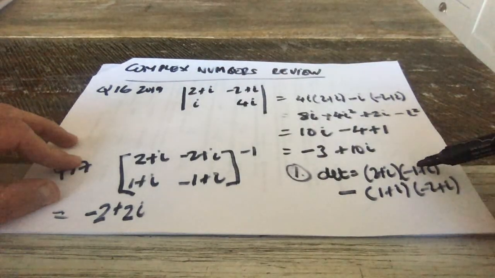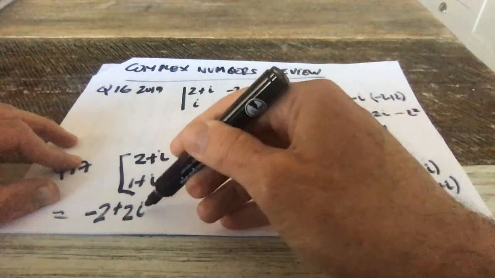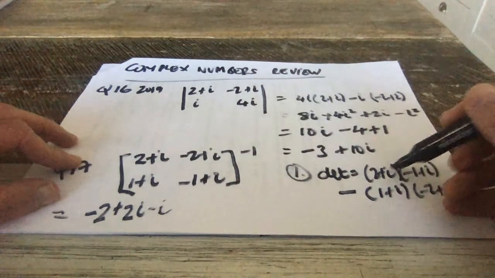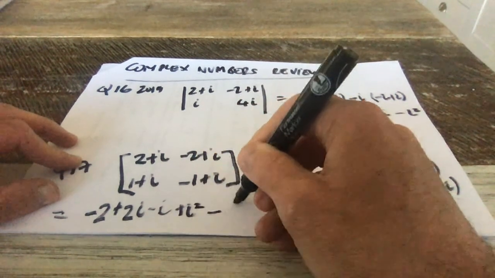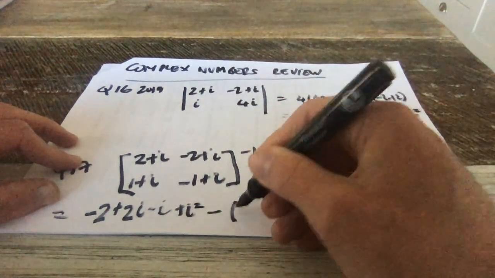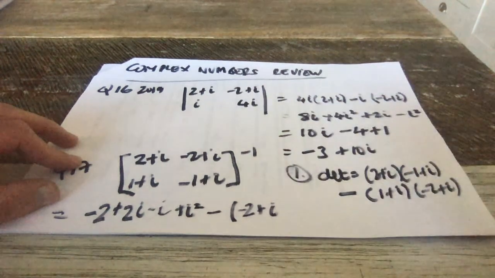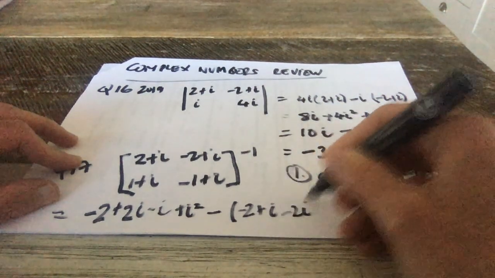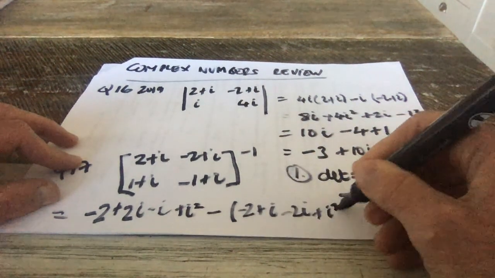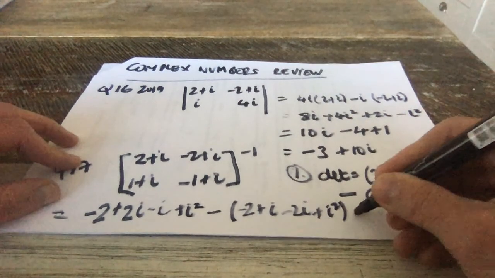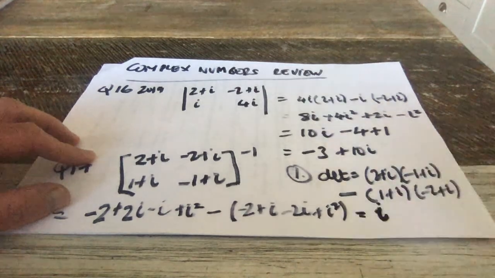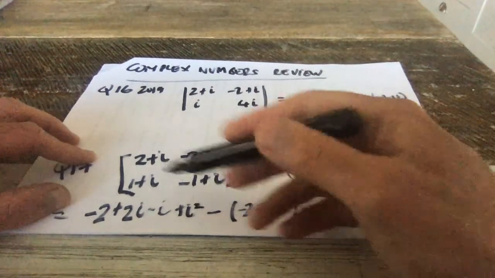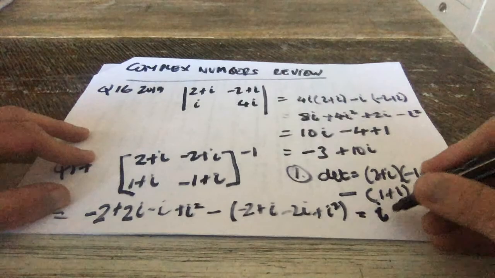So it's 2 by this, minus 2 plus 2i, minus i plus i squared. Minus, if I multiply these two out, then I get minus 2 plus i minus 2i plus i squared. And so when I do that, then guys, here I'm going to get 2i minus i, so I'm going to get i. And i squared is -1, and -1 minus 2 is -3.